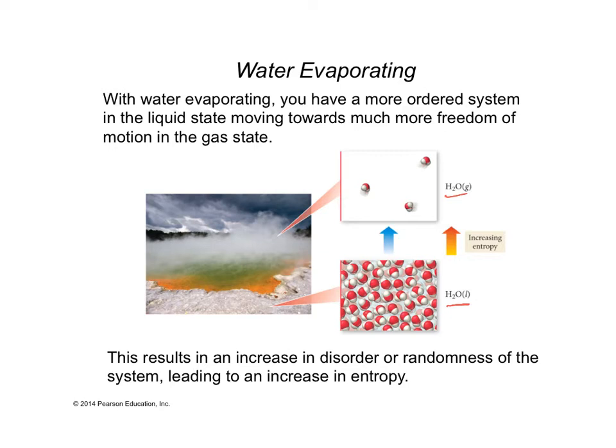Lots, right? They can move everywhere comparatively to one another. Okay, so again, this is an endothermic process where we see this increase in freedom of motion, this increase in randomization, this increase in entropy. Okay, so long term, the big idea behind this comes down to this increase in disorder and this increase in entropy.